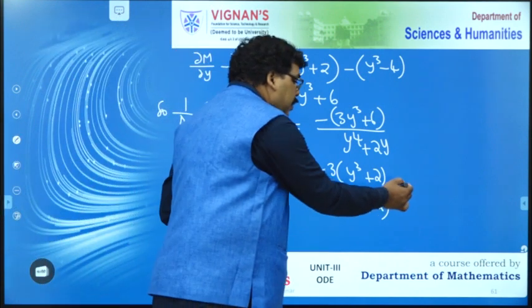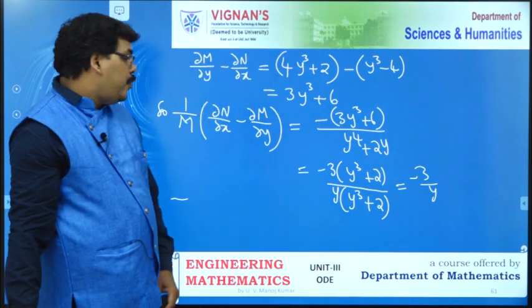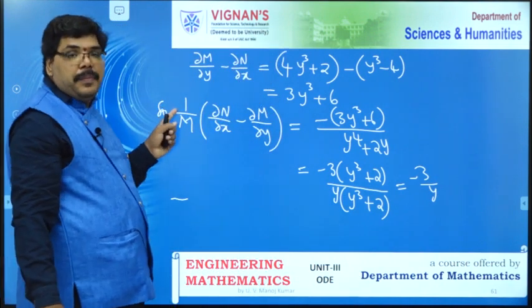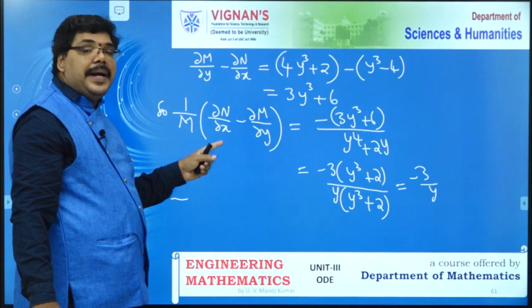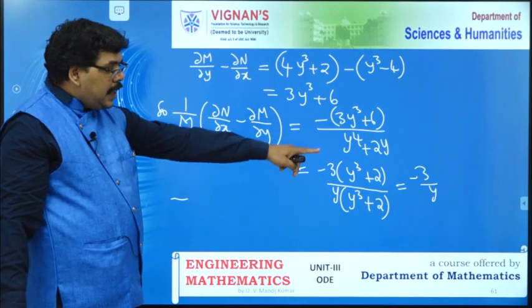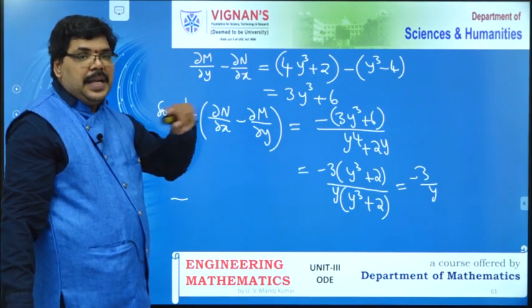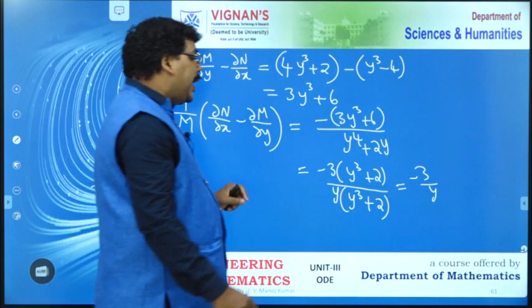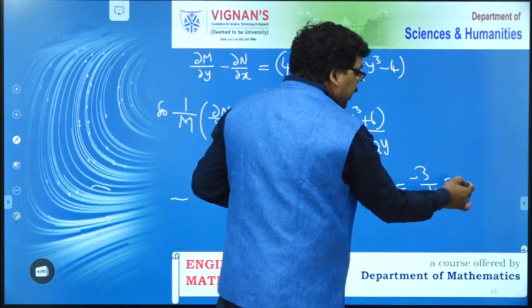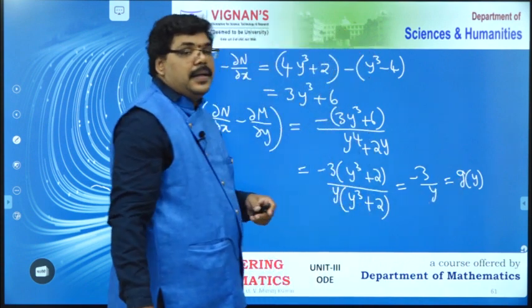So what remains? Minus 3 by y. So when I calculated 1 by M into dou N by dou x minus dou M by dou y, this calculation results into minus 3 by y, which is a function of y only. Only one variable is there. So let us say this is g of y.